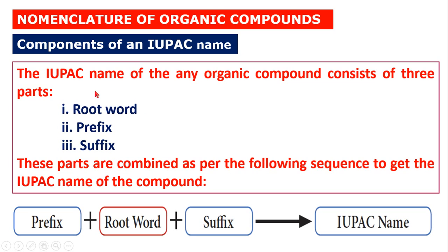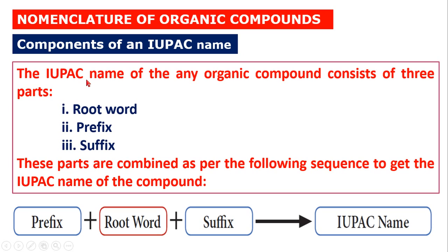Later on, the scientists synthesized a number of organic compounds, and a set of rules was formulated, the IUPAC rules. The expansion of IUPAC is International Union of Pure and Applied Chemistry. Now, what are the components of an IUPAC name?